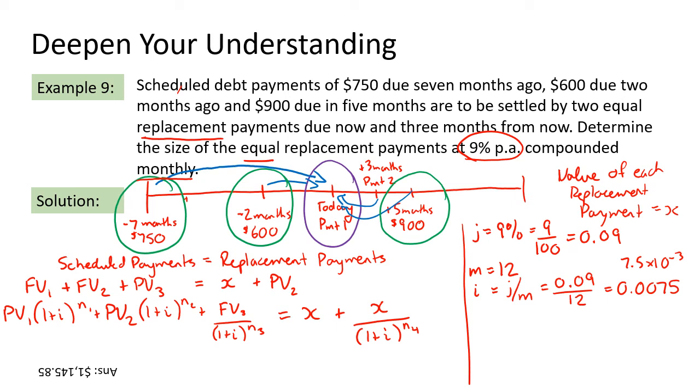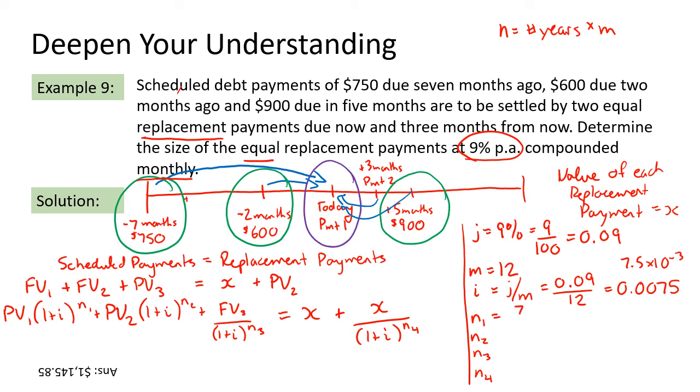Now, we need to figure out the number of compounding periods for each one of these calculations. All right. So first, we'll do N1, N2, N3, and N4. So remember that N is equal to the number of years multiplied by the number of compounding periods per year, M. So our first instance, okay, N1, it's 7 months from today, right? That's given in our question.